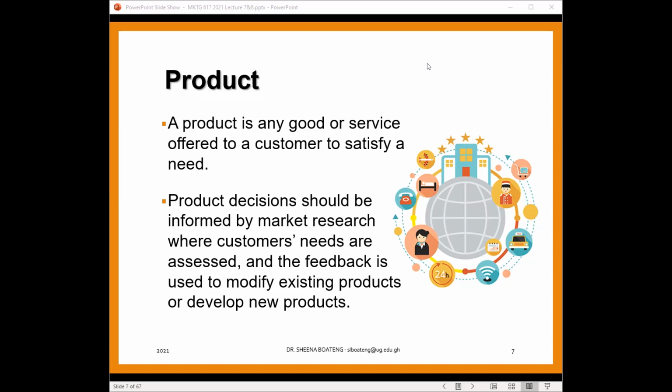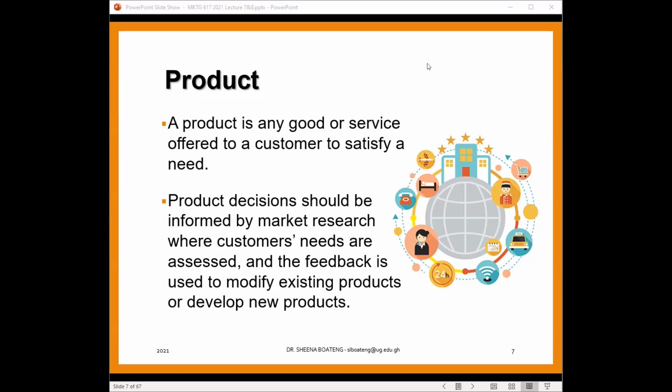Or based on the feedback, if we realize that it is impossible to modify an existing product, we can go ahead and develop a totally new product using this feedback to satisfy customer needs. Please, I hope that makes sense.